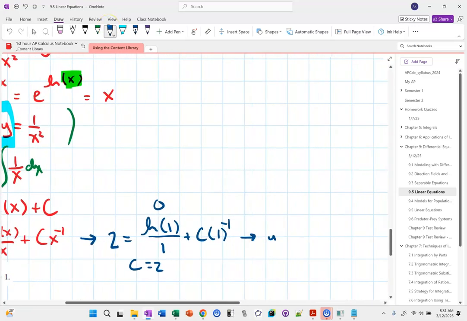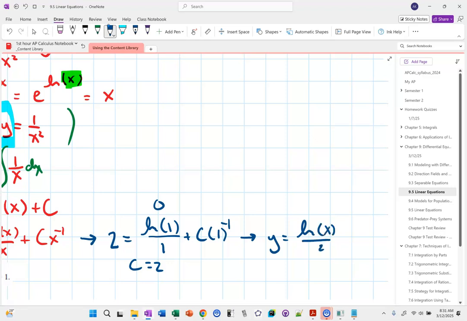So our final answer: y equals natural log of x over x plus 2 over x. Or 2x to the negative 1, whatever. Or you could write it as one single fraction.